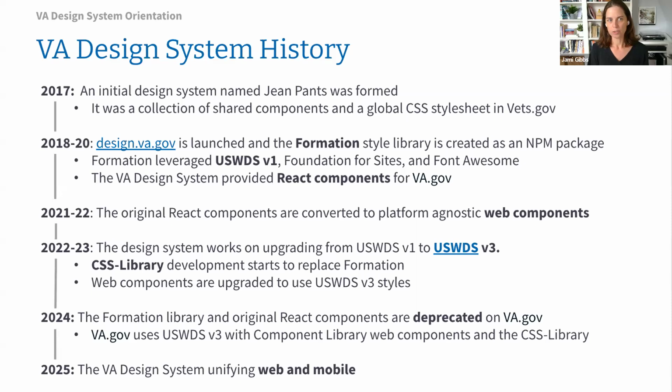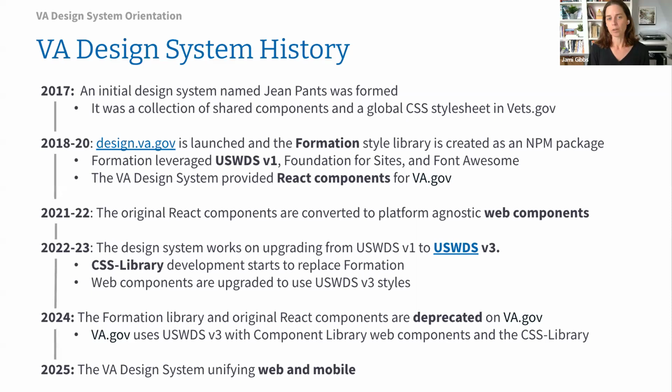Over the next couple of years, the design system evolved and launched design.va.gov. And this is going to be the hub website for everything that you're looking for related to the design system. That was launched, and also a package called Formation was created. And this was essentially the full design system styling library as an NPM package.